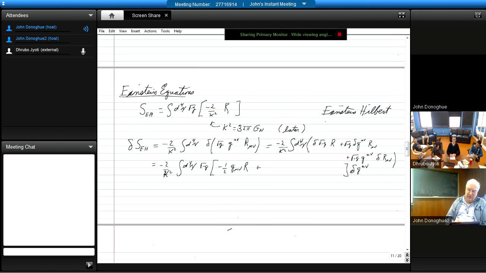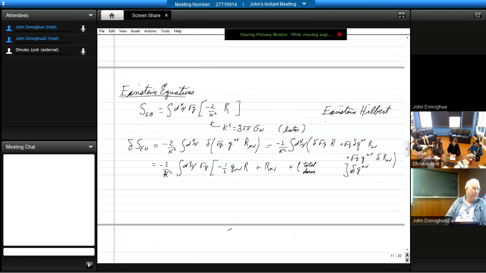The second one is trivial. I've pulled delta g outside, so I've got just R_{mu nu}. The last piece takes a little work, but I'm just going to tell you that and then show you at least some of the algebra associated with it.